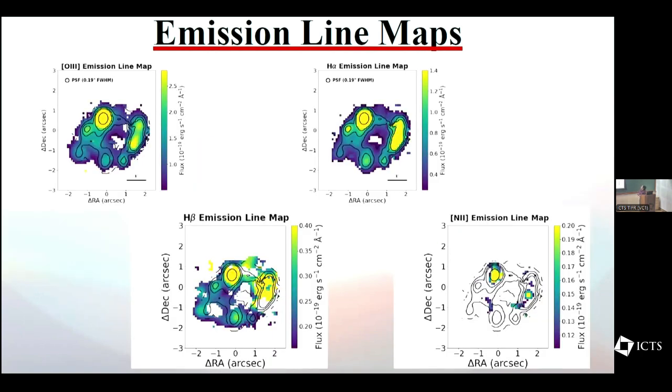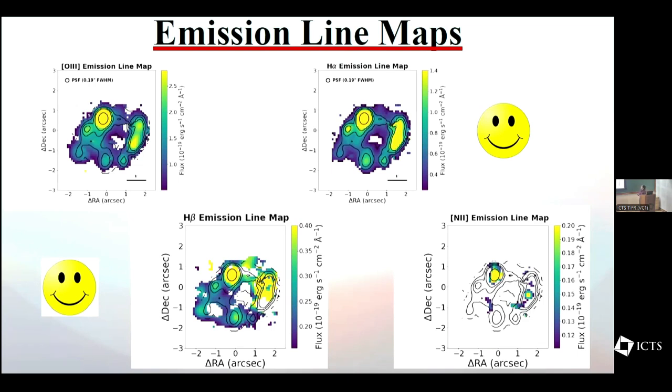Okay, so these are the emission line maps we have got from this IFU code, and here we can see that H beta is detected in most parts of this galaxy, which is a very good sign. To get the dust extinction, we also need H alpha, which was already found by the previous work, so we can actually get the dust extinction.